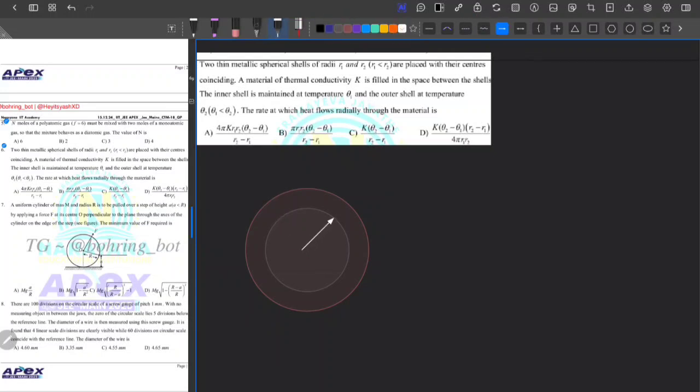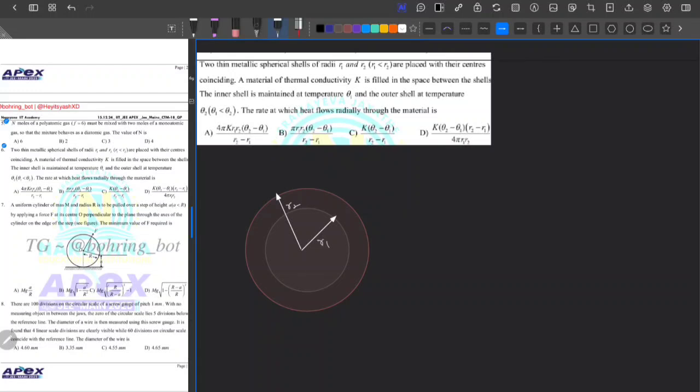So this is the radius R1 and this is the radius R2. And this gap is filled with a material having thermal conductivity K, filled in the space between the shells, right?